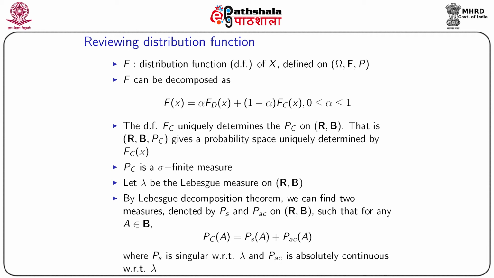Let lambda be a Lebesgue measure on R, B. By the Lebesgue decomposition theorem, we can find two measures P_s and P_ac on R, B such that for any A belonging to the Borel set B, P_c(A) can be written as P_s(A) plus P_ac(A), where P_s is singular with respect to lambda and P_ac is absolutely continuous with respect to lambda.